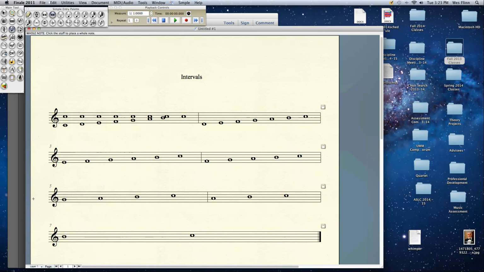So let me put both C's up there. We can take care of that as we go along here. If you look at what I've done here, I have put the upper octave above each note. And what this has done is created an interval. So you have the space between two notes.